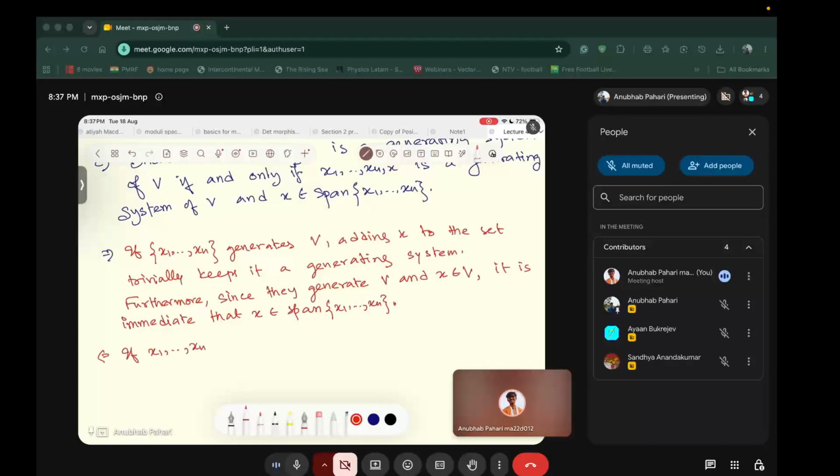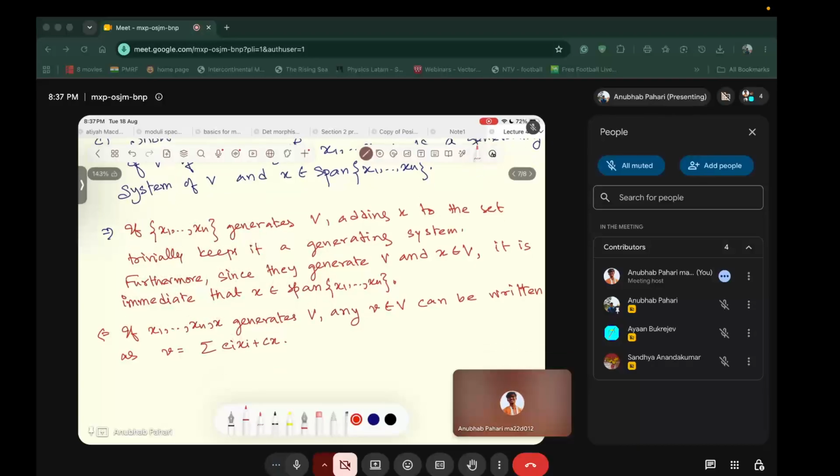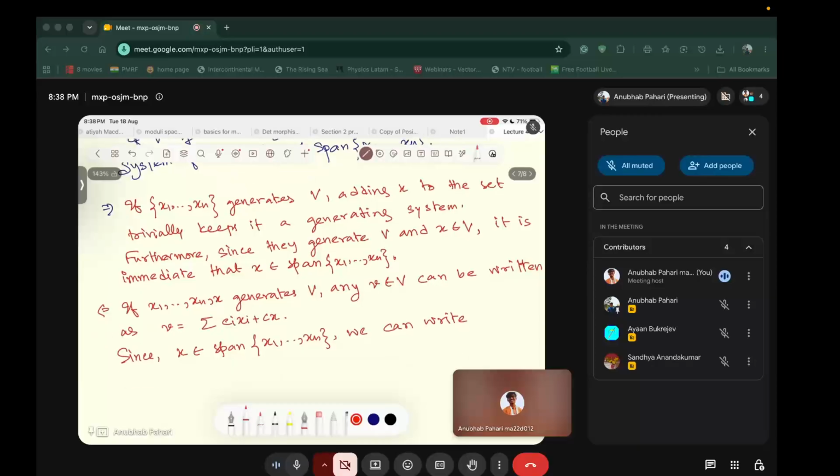Now, for the converse direction, if x1 to xn and x generates V, any small v of capital V can be written as v equals summation ci xi plus cx. Now since small x belongs to span of x1 up to xn, we can write small x equals summation ai xi.